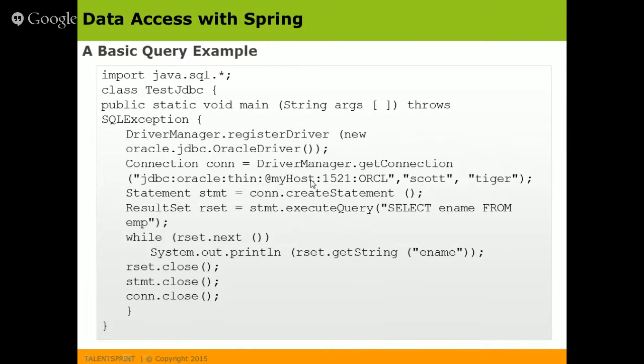In that system, how can we recognize where it has to communicate? That is only possible by using the port number. The port number 1521 is the Oracle port number. So in the system at my host, we are saying that 1521 is the port number with which we have to communicate.